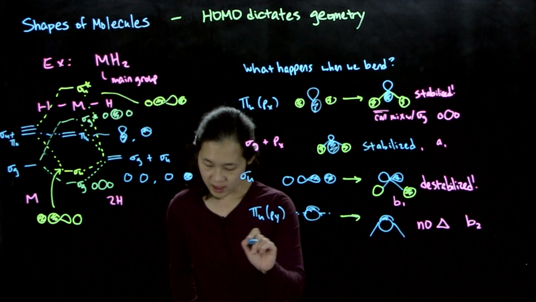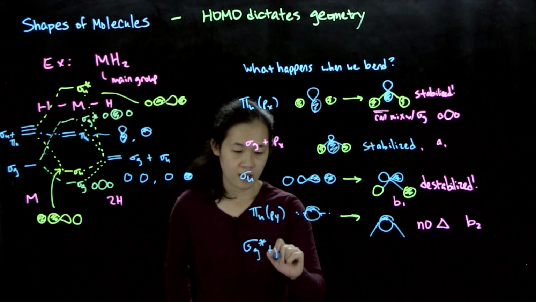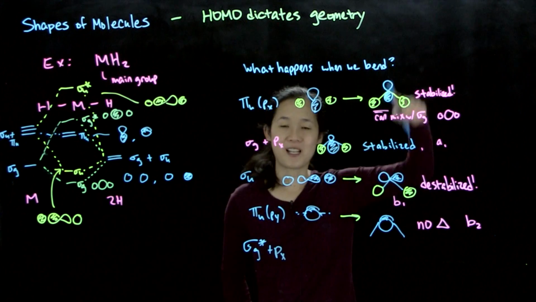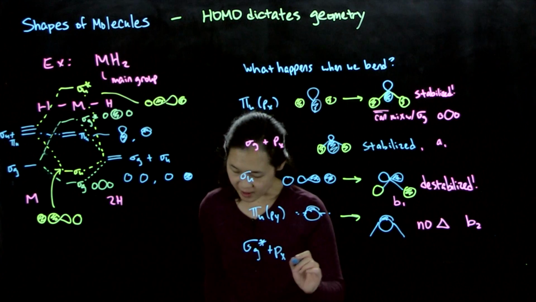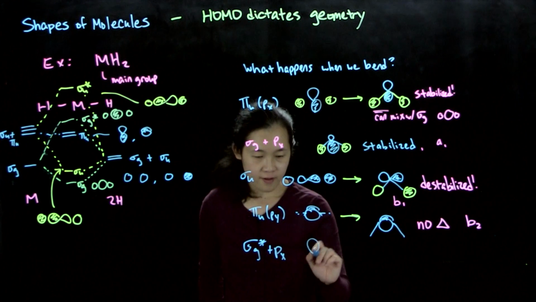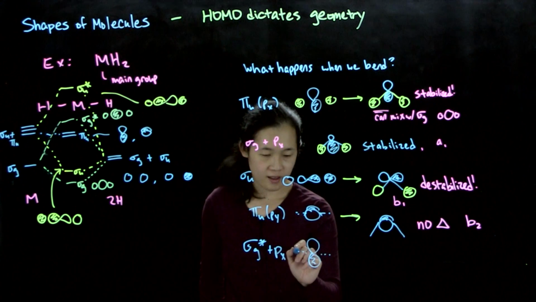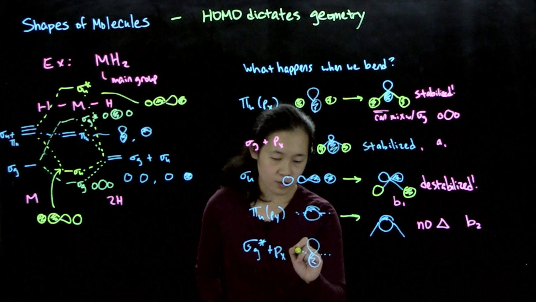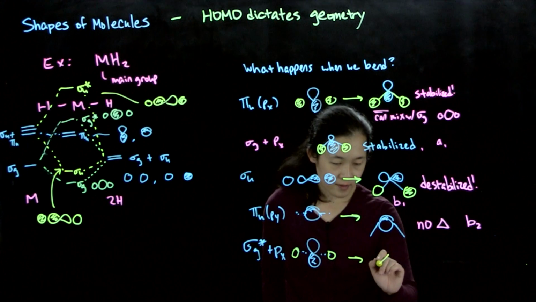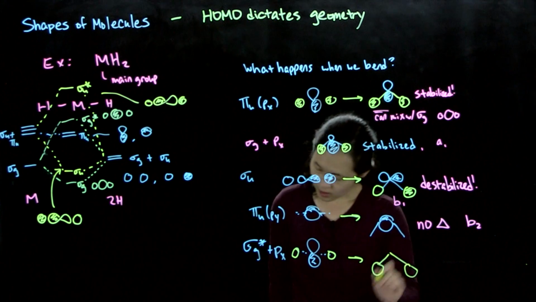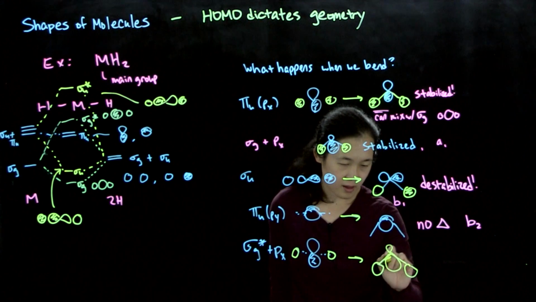OK. And then now we look at our antibonding orbitals. So we have our sigma g star, which again can mix with this px. Or I guess for this geometry, it's a pz. But it doesn't matter. This p orbital that's pointing straight up and down in the plane. So here again is our px, which had our nodal plane hydrogen atoms. And then now when we bend, we can have our mixed orbital, like so.